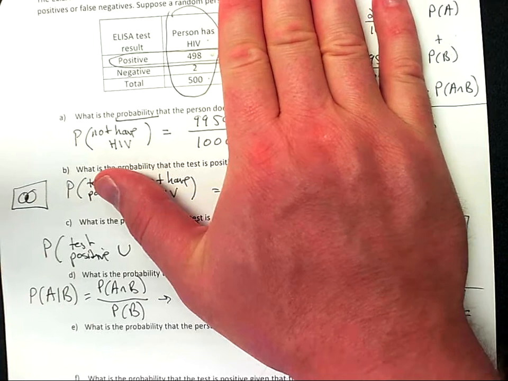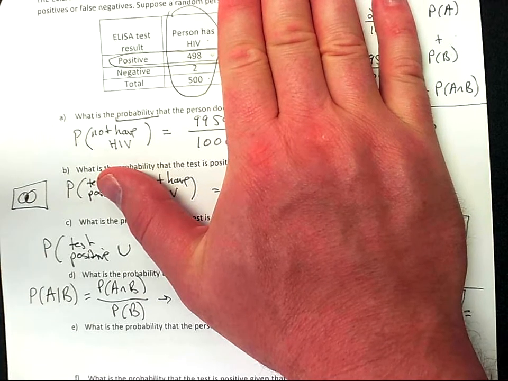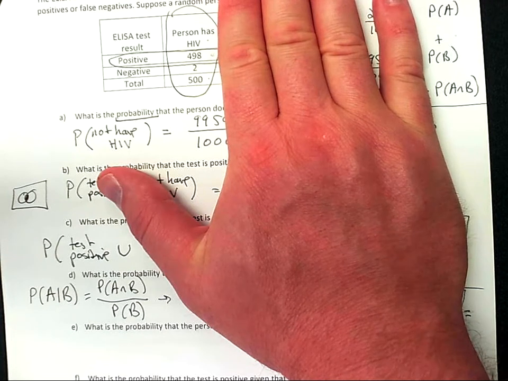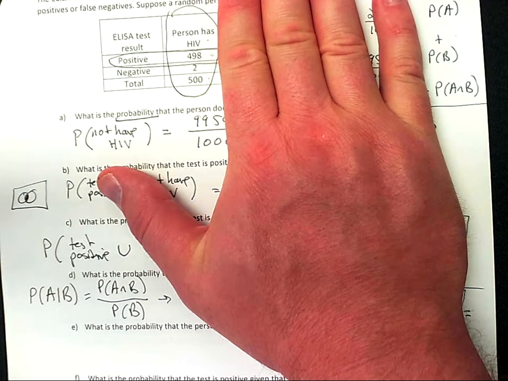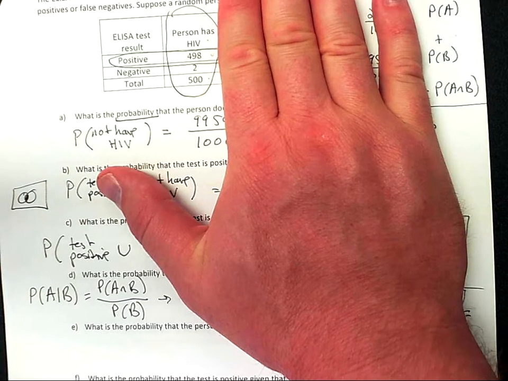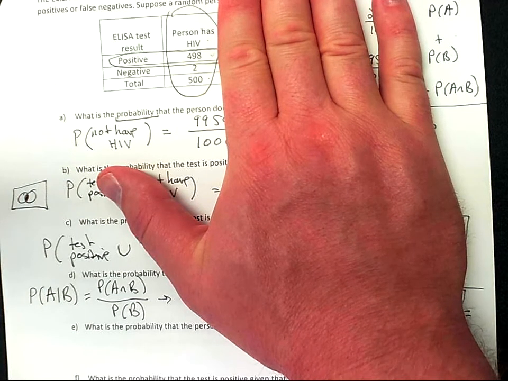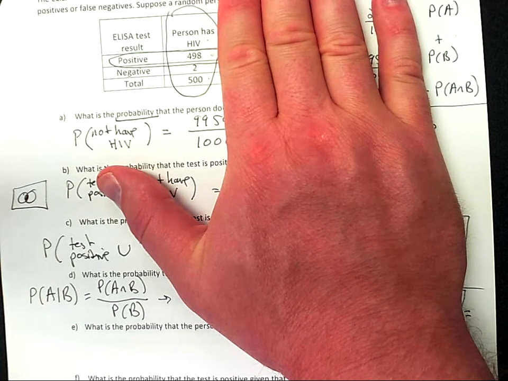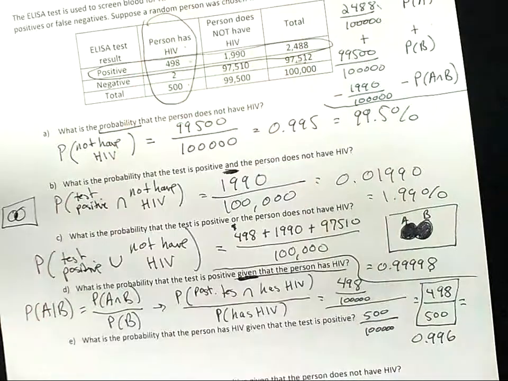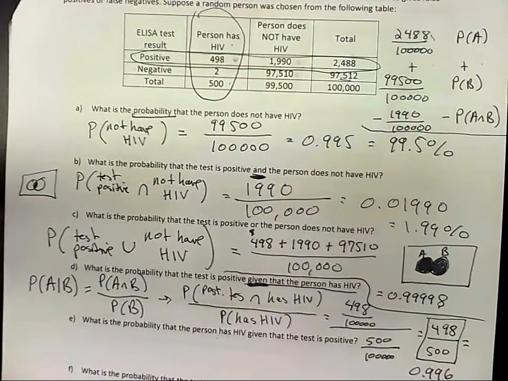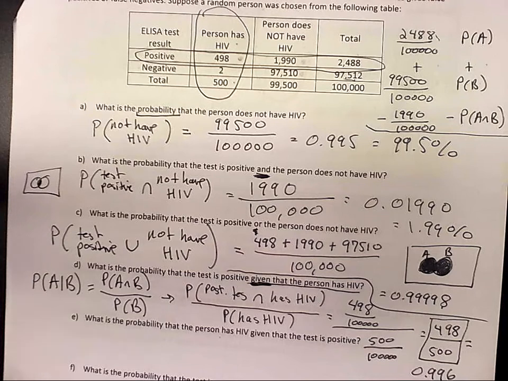So the trick is this. Whenever you see the word given that, you only focus on that information. So here it says, given that the person has HIV, so therefore we're only going to focus on the information for people who have HIV, which is just this column right here. If I said, hey, blah, blah, blah, given that the test is negative, what are you going to focus on?